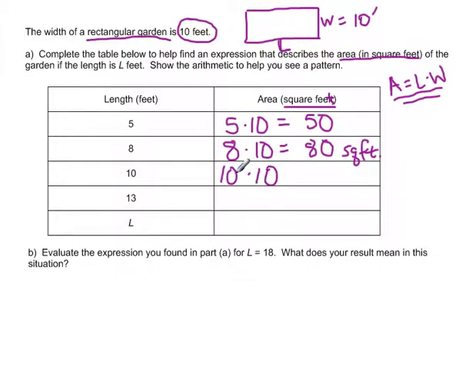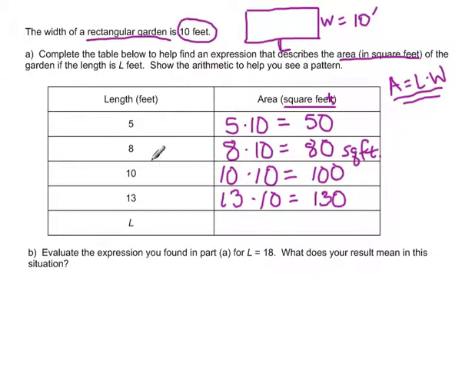Notice that this would give us a square garden, and a square is a particular kind of rectangle. 10 times 10 would be 100 square feet. Now our garden's getting even bigger. We've changed the length to 13. Our width is still 10, so that would give us 130 square feet for our area in that case.